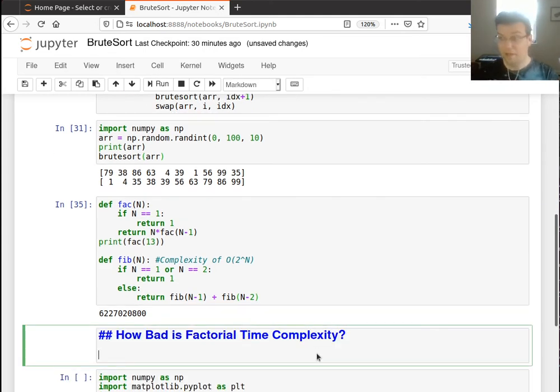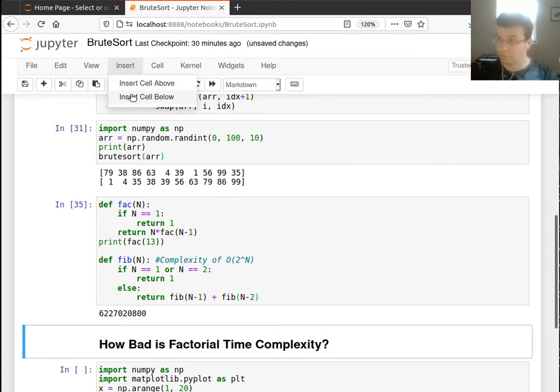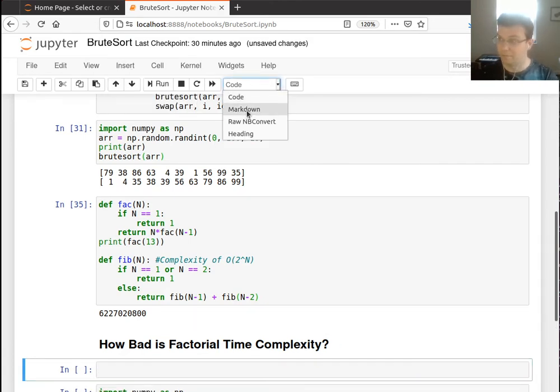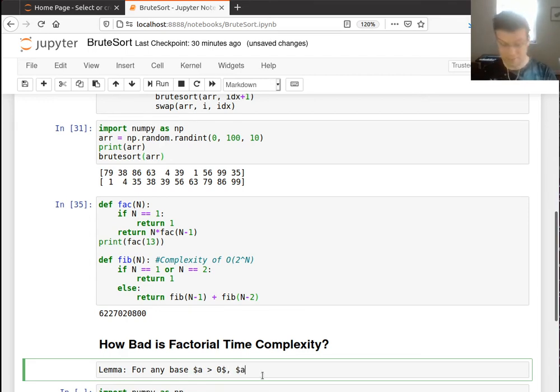Well, as it turns out, it's actually far worse, even than an exponential algorithm. So what we can say is the following: for any base a greater than 0, a to the n is little o of n factorial.